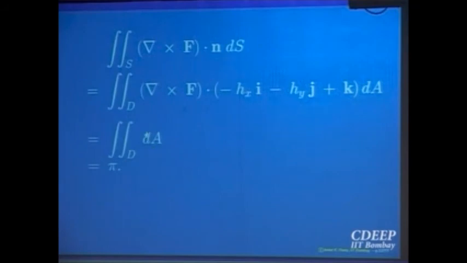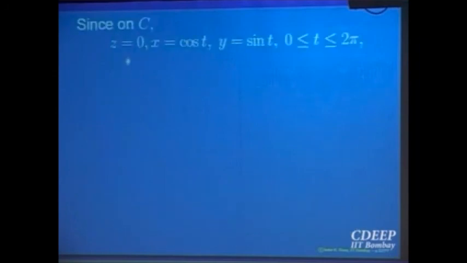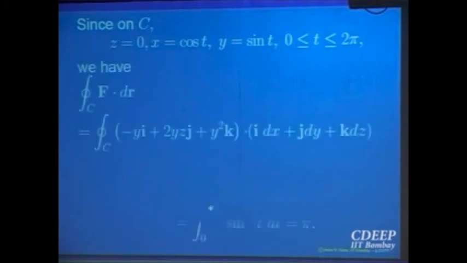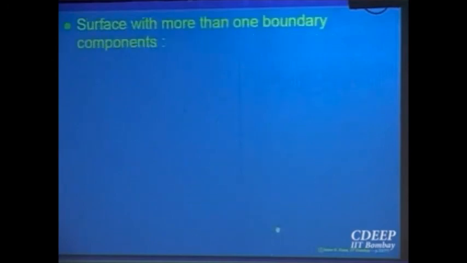The integrand vanishes, it becomes 1 only, okay? And for the anti-clockwise orientation, z is 0, you are in the xy plane, x is equal to a cos t, a is 1, radius is 1, y is equal to sin t, t going from 0 to 2 pi, write down that line integral and compute, okay? So that also comes. So that is how you should be doing.